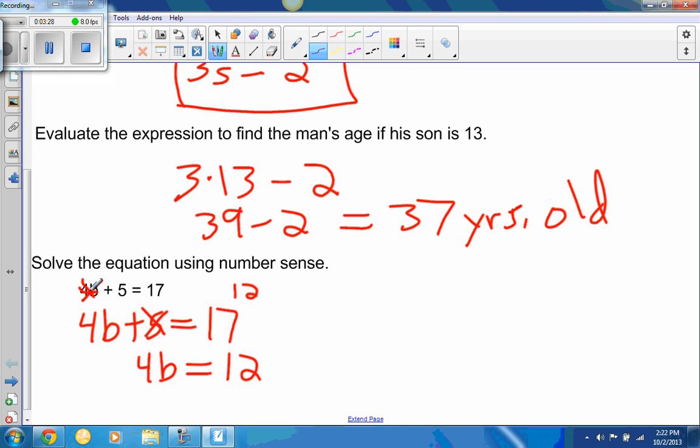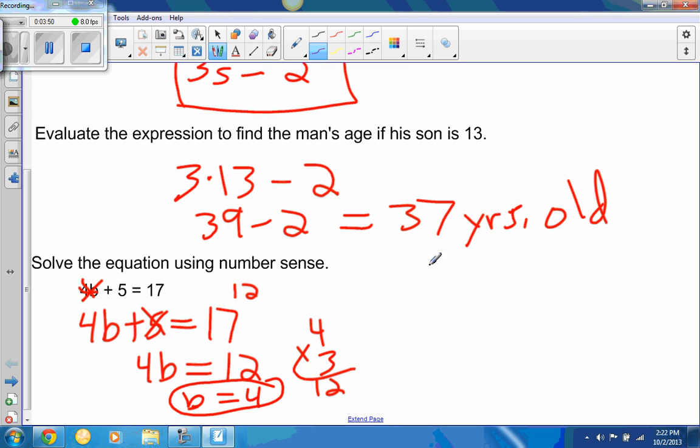So I have to think to myself, 4 times what is going to give me 12? Well, 4 times 3 will give me 12. 4 times 3 is 12. So then that means that b equals 4.